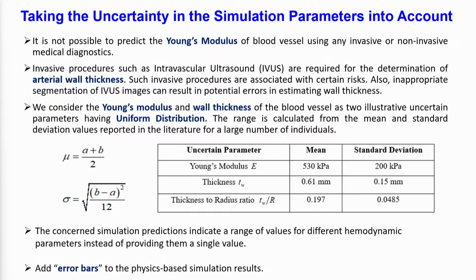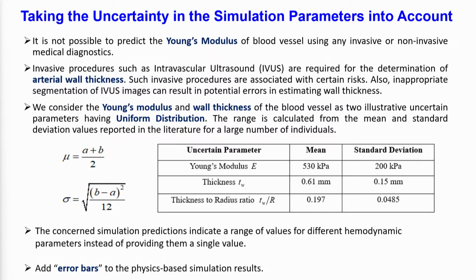Typically, with all those data somehow indirectly speculated from maybe invasive procedures and all, and if that is synthesized, the typical mean is 530 kilopascal and the standard deviation is 200 kilopascal with respect to a statistical distribution which is known as uniform distribution.